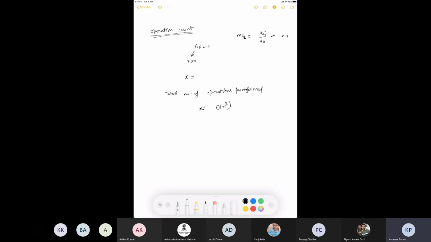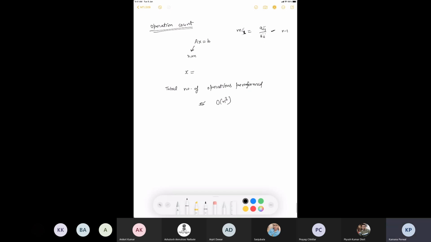Even for the LU decomposition, it is of order n cube. When I say order n cube, this is like a constant multiple of n cube.